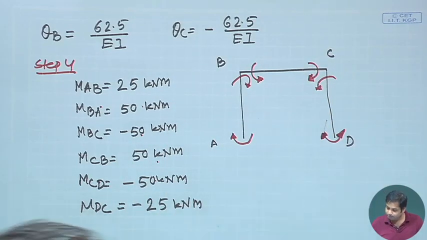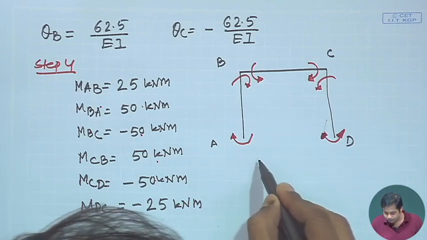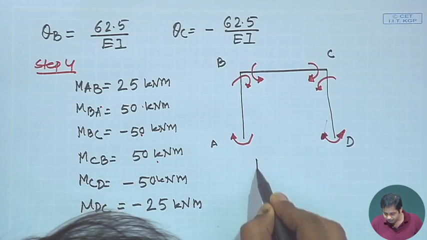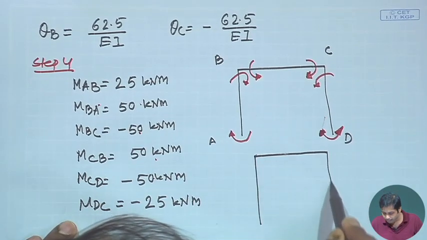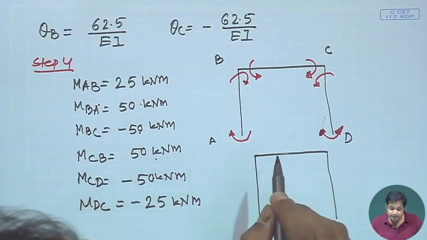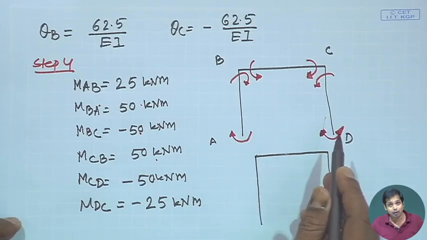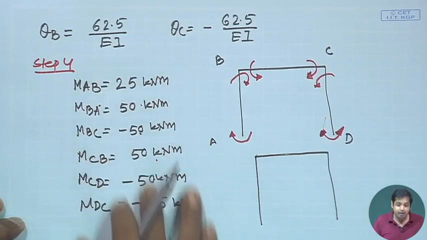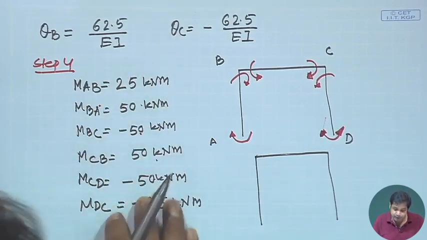Okay. Now, what would be the bending moment diagram? The bending moment diagram will be something like this. The total bending moment will be the bending moment due to the external load and the bending moment due to these end moments.